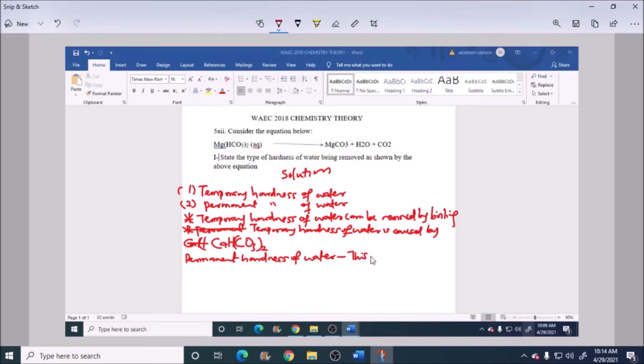This is caused by the presence of calcium and magnesium ions in the form of soluble tetraoxosulfate 6 and chlorides.